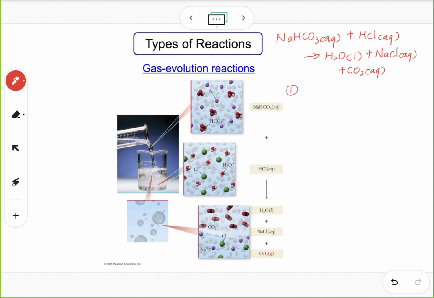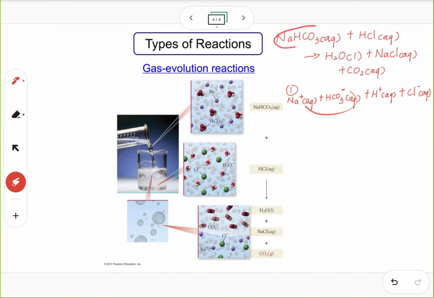It will give us sodium cation and bicarbonate, HCO3 minus, in aqueous, and proton. This is the HCl, aq. Okay, so we have 4 ions.